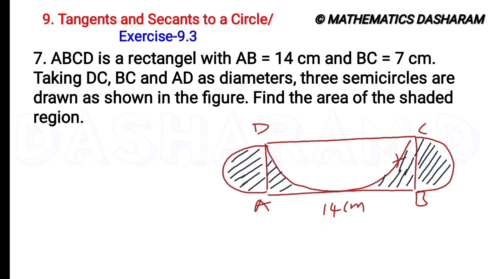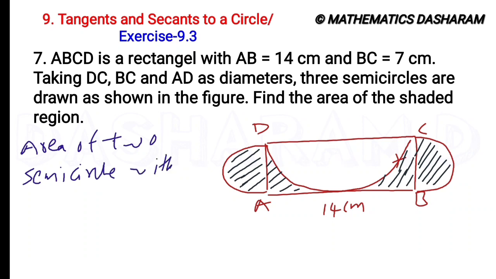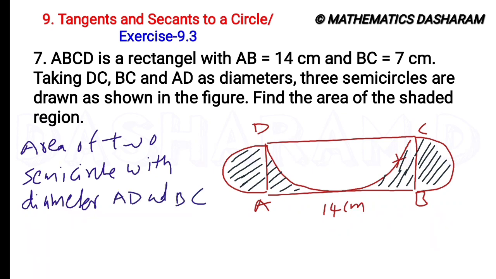It is not possible to find the area of the shaded region directly. So I am going to find the left side semicircle and right side semicircle at a time, because their diameter is the same. So first I am finding the area of two semicircles, with diameters AD and BC.